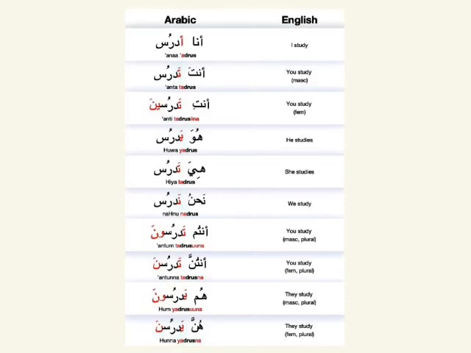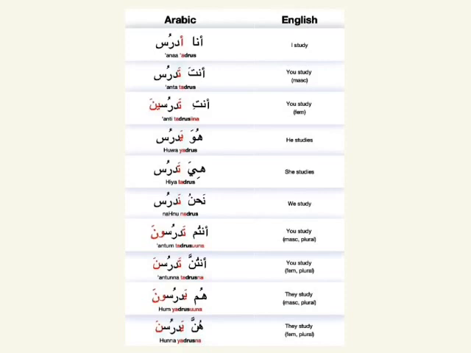If we want to say "we study," we say nahnu nedrusu. So we add a noon at the beginning of the root and a dhamma at the end. To say "you study," plural, we say entum tedrusuna.